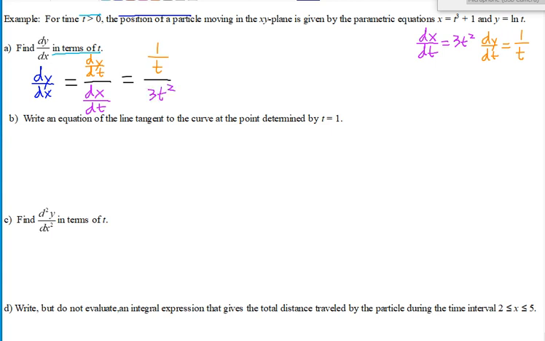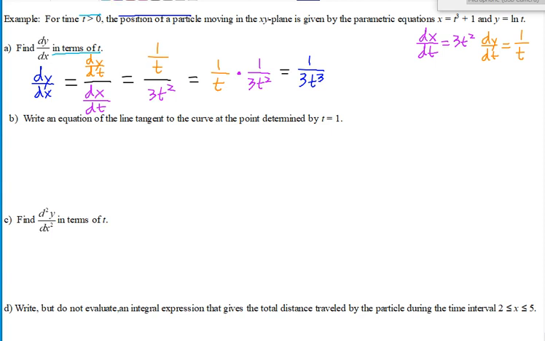Usually this would be simplified. Dividing by 3t squared is the same as multiplying by the reciprocal, which is 1 over 3t squared. So that would give you 1 over 3t cubed as dy/dx.